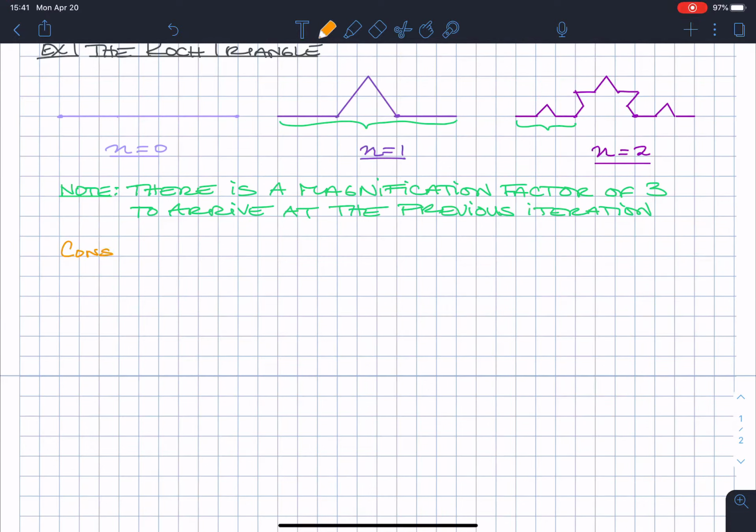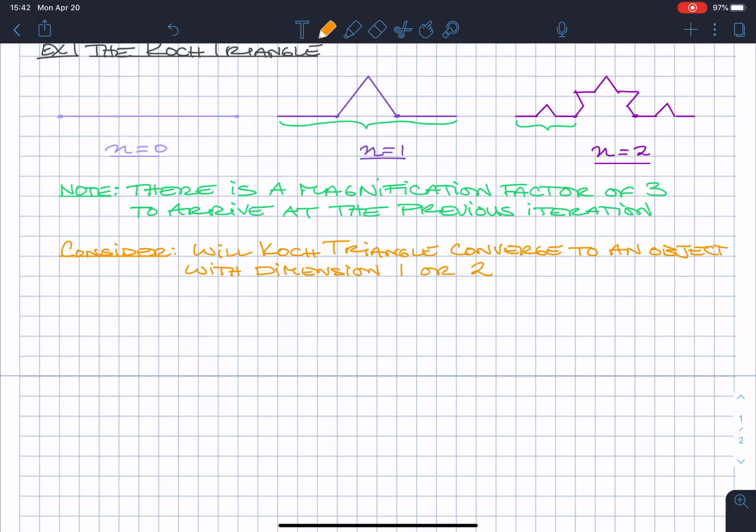So let's consider, will the Koch triangle converge to an object with dimension 1 or 2?